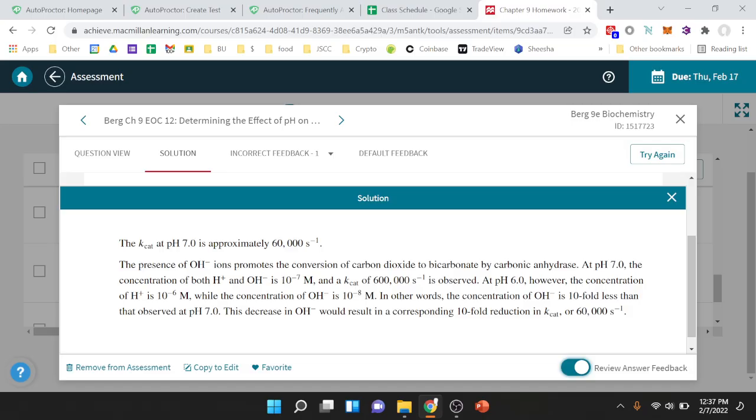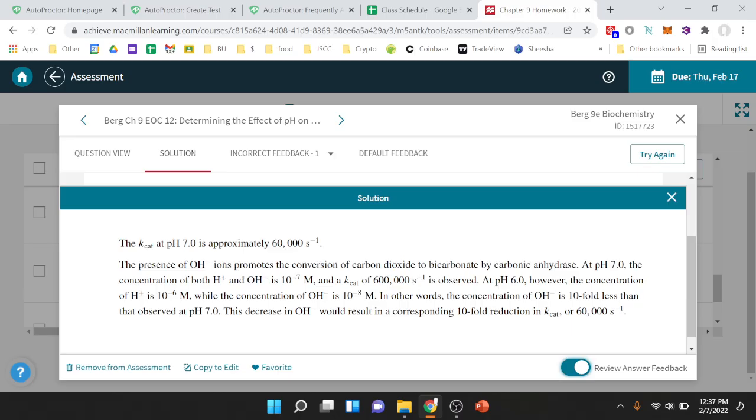So you're taking one of your reactants and dividing it by 10, aren't you, by going from pH 7 to pH 6. So what is that going to do for your rate? Well, if you divide the amount of reactant that needs to go forward by 10, it's going to cause the rate to go down by a factor of 10, right?